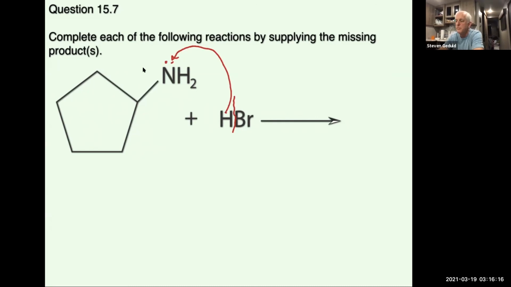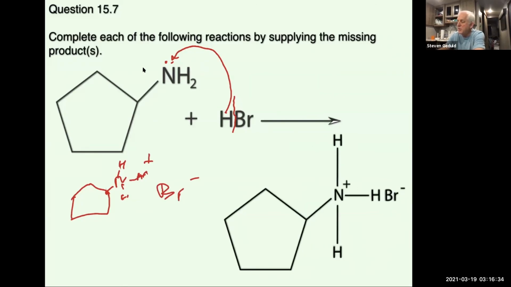You get NH2, and you get another hydrogen here. So NH3 plus and Br minus. It's going to form the ammonium salt. You get the alkyl ammonium ion being formed and Br minus. It forms the salt because those non-bonding electrons pull that hydrogen here, and then you get the Br minus in solution.